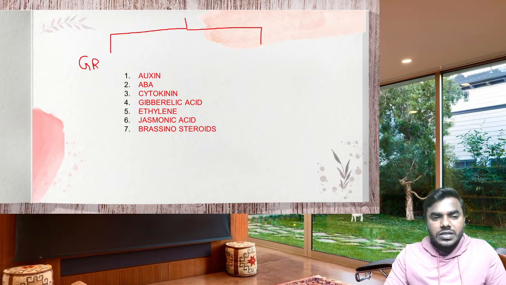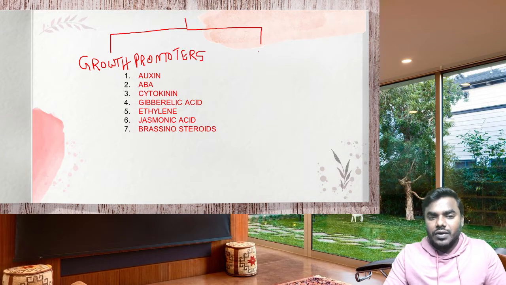The first category is growth promoters, and the second category we call growth inhibitors. Very simple point. One we call growth promoter and another we call growth inhibitor. Just keep that in your mind.